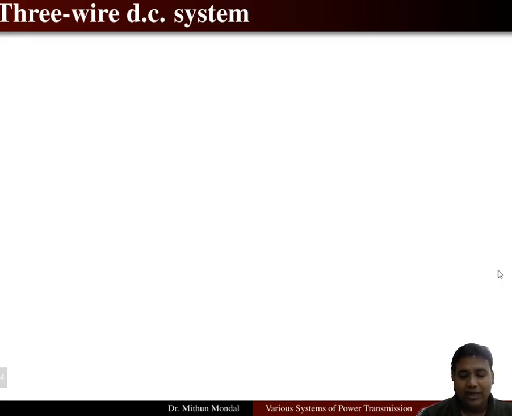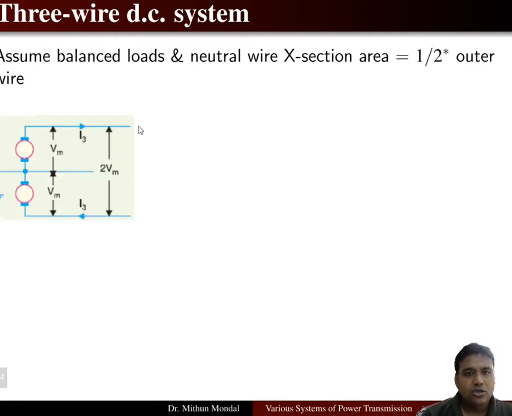Now we will go for the third case. So the third case is three-wire DC system. So the system is DC and basically you are using 3-wire. So let us see. So here you have the first wire, here you have the second wire, and one more wire is taken out, third one, that is from the neutral end.